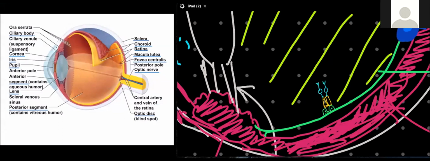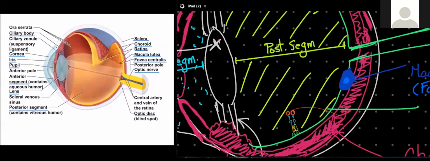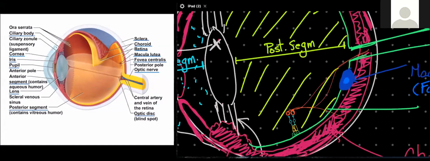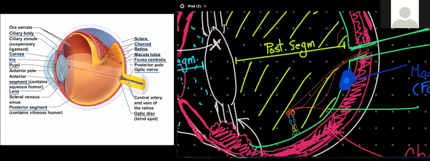We call those my bipolar cells. Then the bipolar cells is going to be conducting the signals to nerve cells that did have long axons. And the long axons from those cells are going to be forming together, from everywhere from the retina, the optic nerves that will be conducting the electrical signals to the brain.